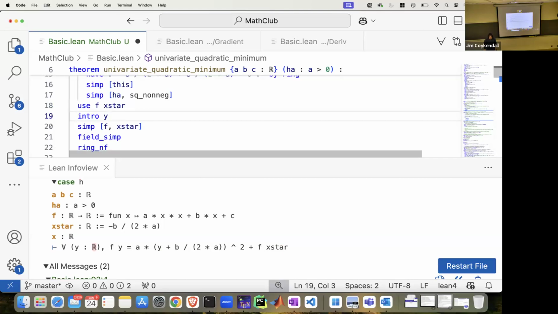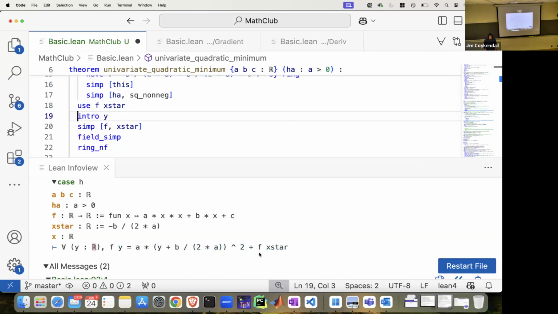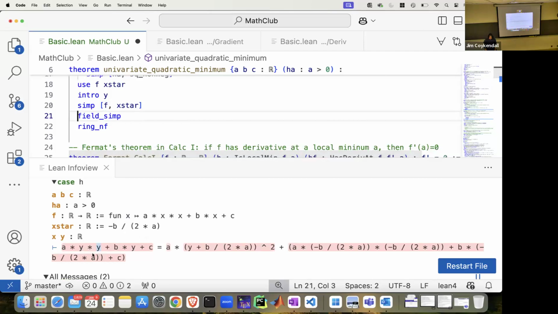I'm going to try to prove this, and I need to show that this is true for any y. So I'm going to introduce any y. I'm going to plug in the value of function f. I'm going to plug in the value of x star. This is what I'm trying to prove.